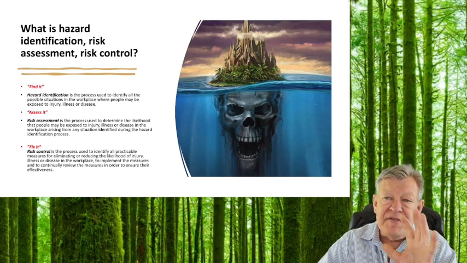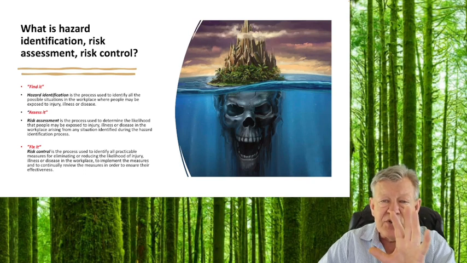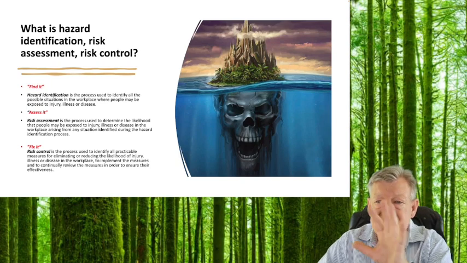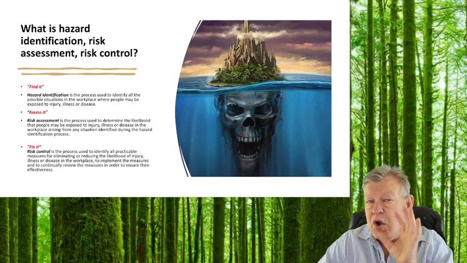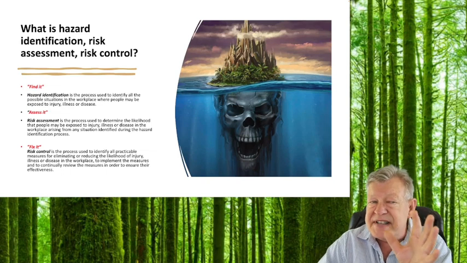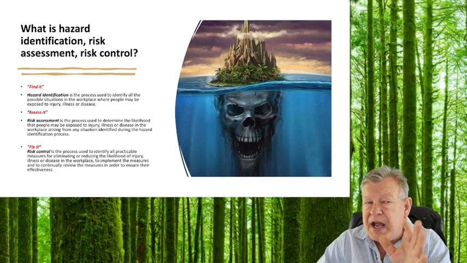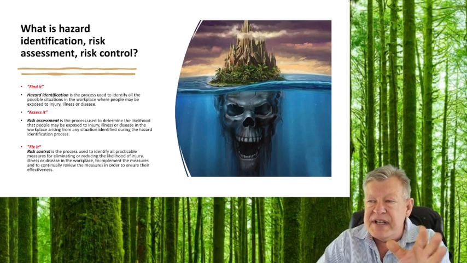Hazard identification essentially means that we want to find all these things that may hurt us. We want to be able to understand them and assess them. So I must be able to look at this thing and say, how dangerous is this?